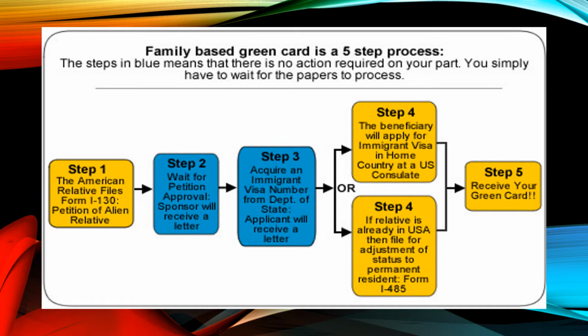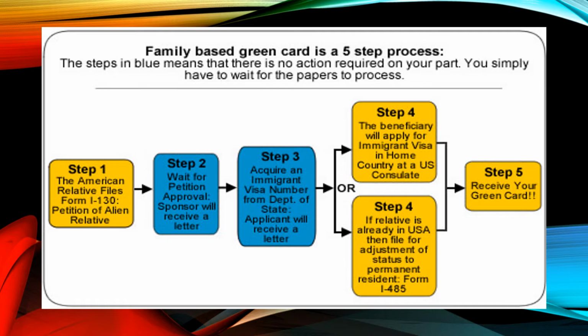Step 4. If the individual is in his home country, he will go through consular processing at the U.S. consulate or embassy in his home country. Or if the individual is in the United States, he will file for adjustment of status. Step 5. The immigrant receives his green card.